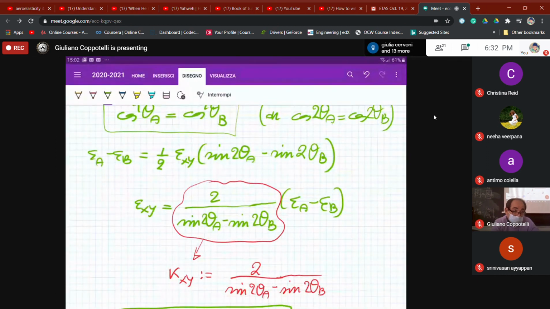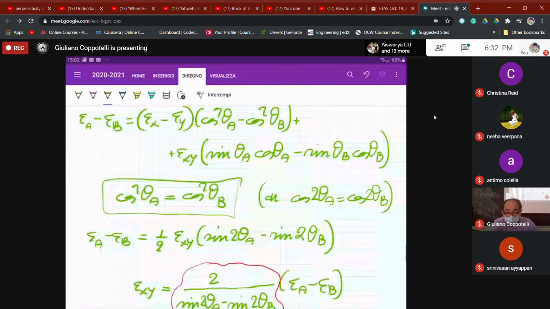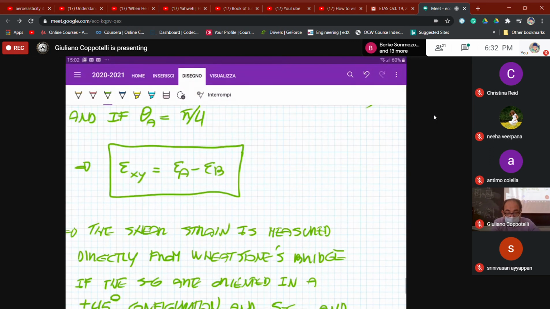So you don't have to do anything else. Epsilon A negative epsilon B if they are set in the first and fourth strain gauge leg. Okay, let's have 5 minutes break and then we can recap the rest of the class.